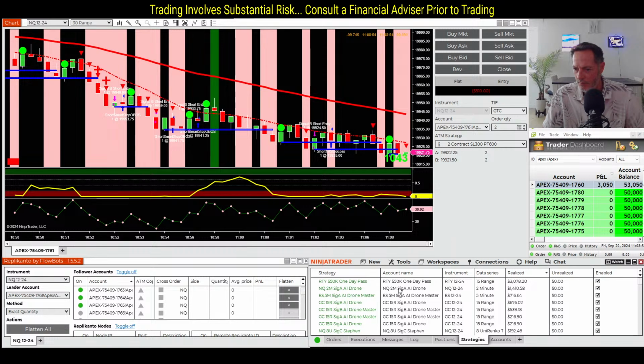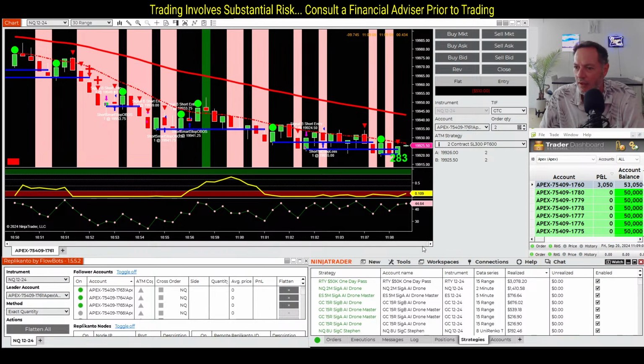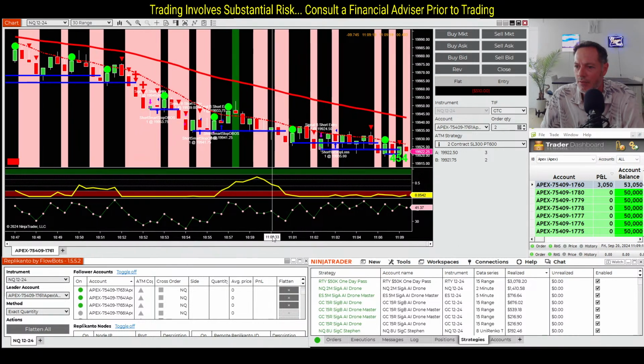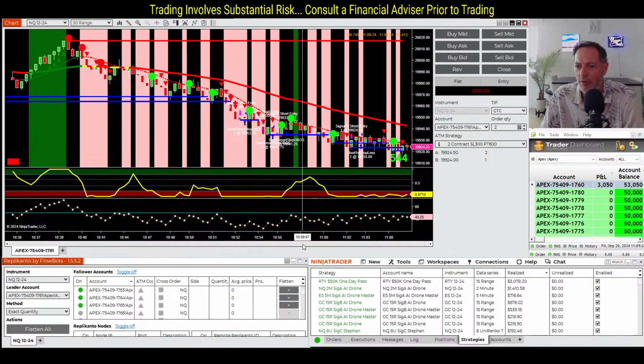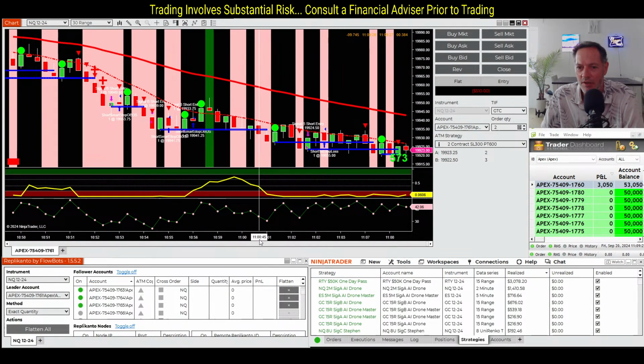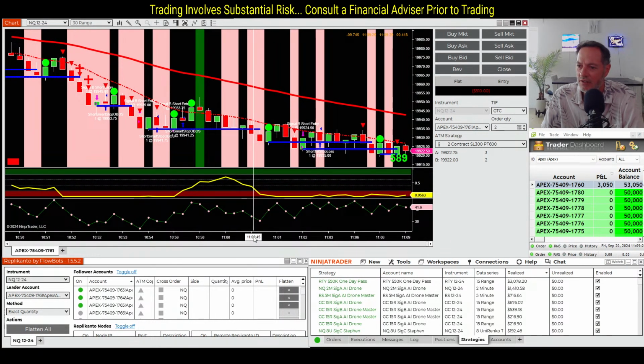Order submitted. Setting up for signal B entry here, if we can break this pivot. See if we can maybe fly through 19,900 here. That's our only hope right now. This pivot keeps getting redrawn and keeping us out of trades.